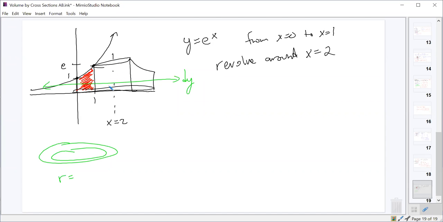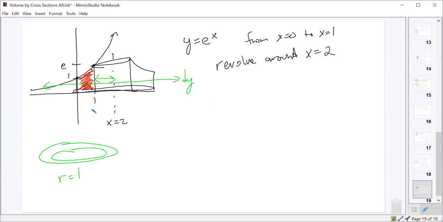So the inner radius should come from the rightmost bound of our region. And there's one function that represents the rightmost bound, right? It's x equals 1. And what is that inner radius always equal to? 1. It's always 1, right? It's always the distance from 1 to 2.